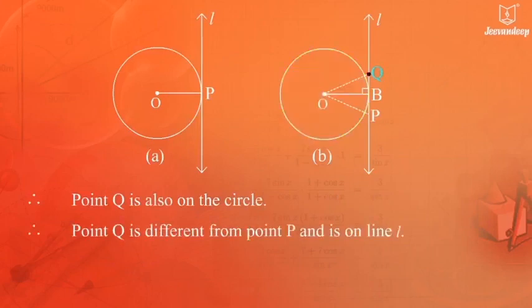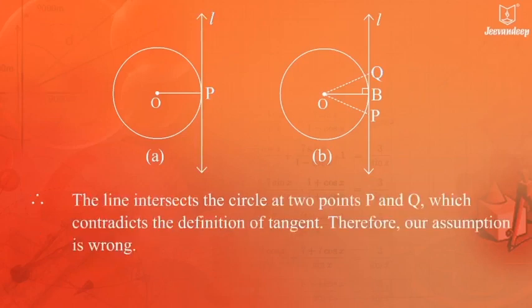Point Q is different from point P and is on the same line L. Therefore, the line intersects the circle at 2 points P and Q, which contradicts the definition of tangent.